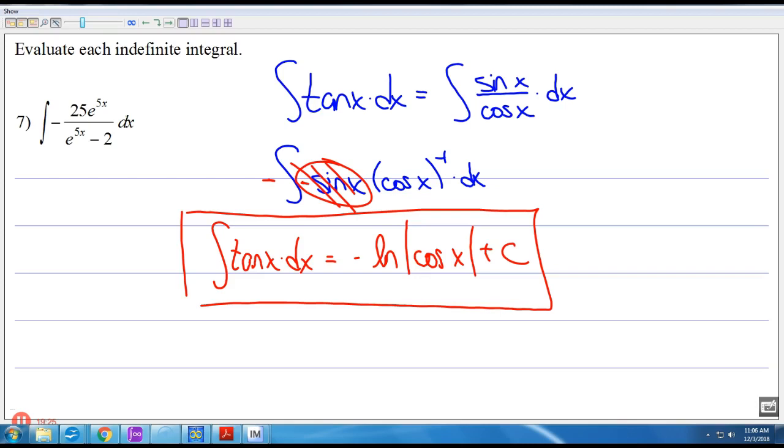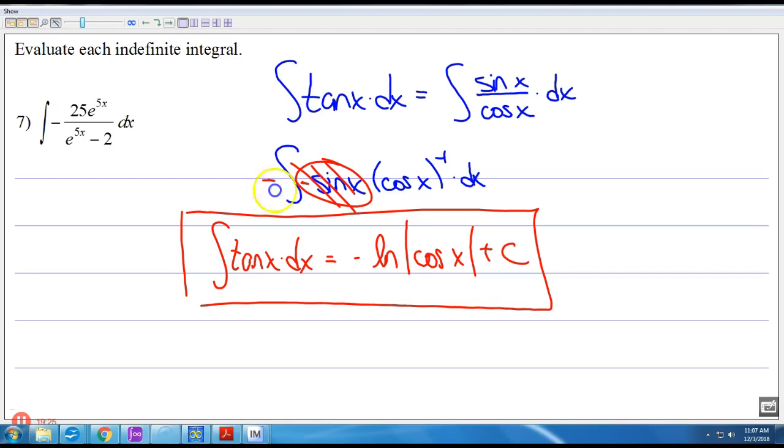So this is fair game now. And when you get your memorization quiz, like I just told you, I didn't have this in my brain. The rest of them I just know, I have them memorized. If you give me tan, I have to think through this process and be like, okay, bring the cosine up, negative, work it that way. And that's fine. Your job is just to know that integral. If you can know it by memorizing it, great. If you can know it by working through it when you get it, that works too.